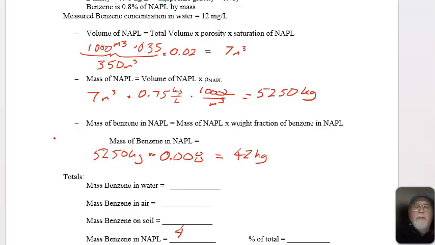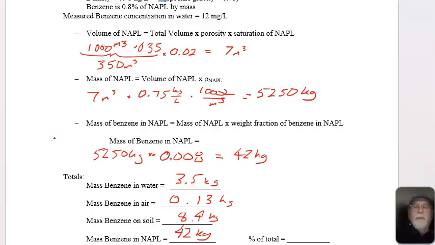So we had 42 kilograms in the NAPL. We compare that to 8.4 kilograms on the soil, 0.13 kilograms in the air, and 3.5 kilograms in the water.